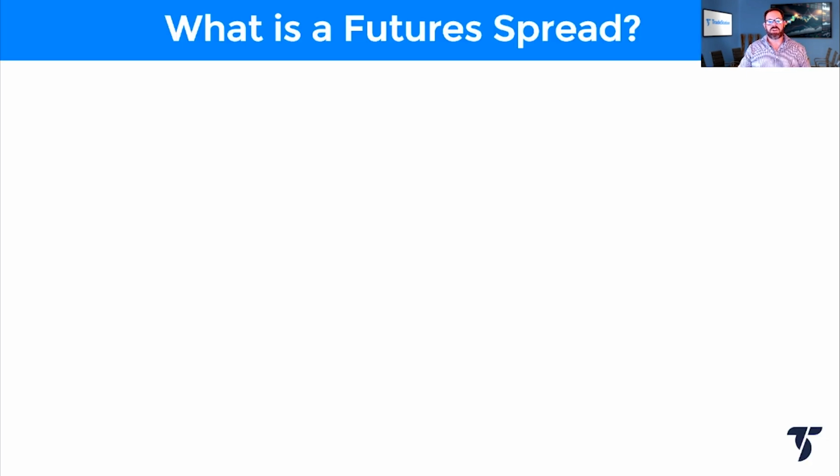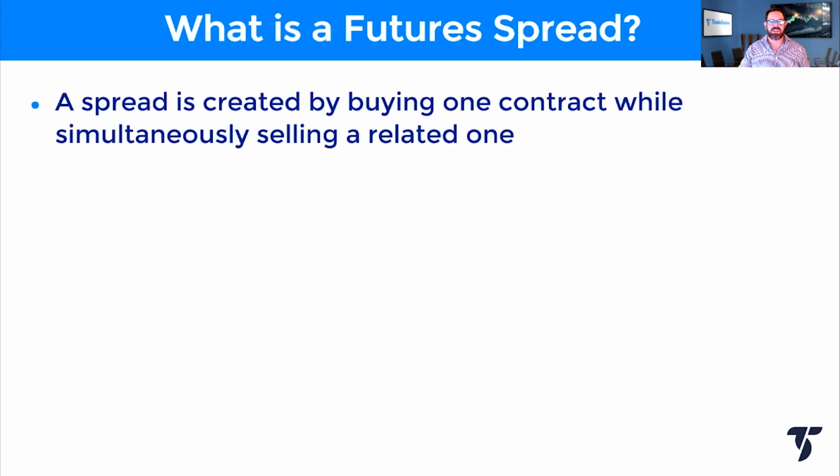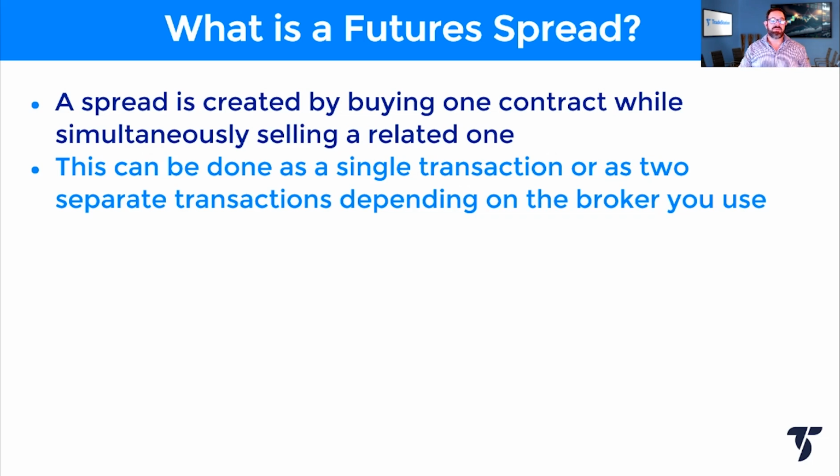So first, what is a futures spread? Well, a futures spread is the same thing as it would be with an option spread. The spread is simply buying one contract while simultaneously selling a related contract. So you're buying one and selling one at the same time. It can be done as a single transaction where you do both together, or it can be separate transactions, depending on the broker that you use to effect this.